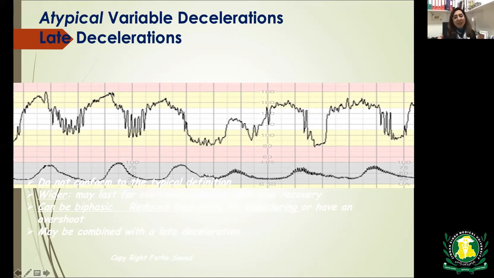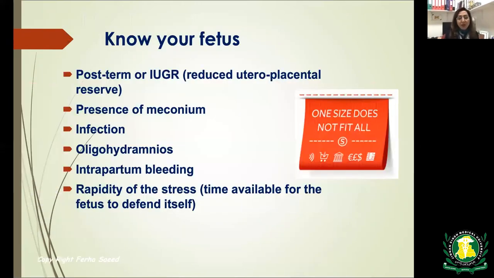So when we see the delayed recovery of a deceleration, that tells us it is not related to the contraction, not related to pressure, it's about chemicals. Therefore, this baby has a risk of having hypoxia during labor.